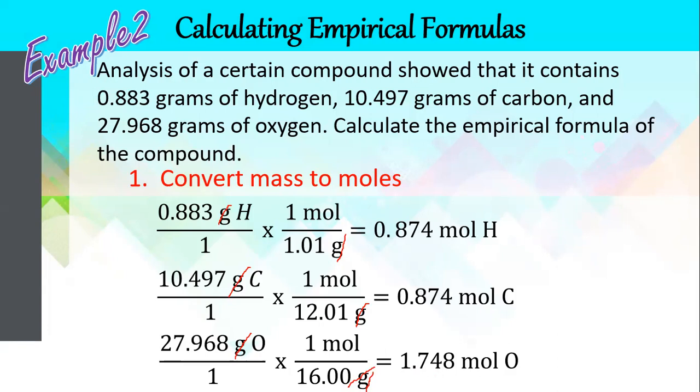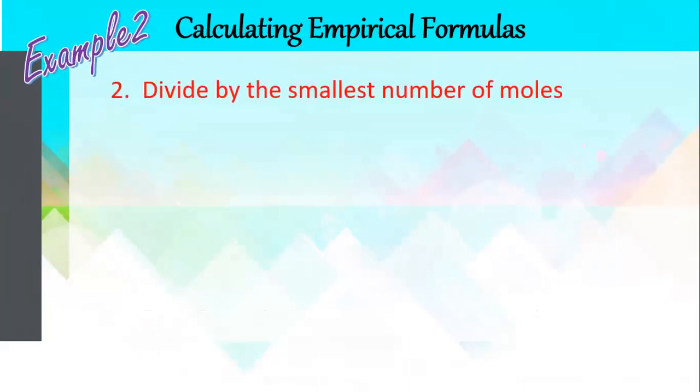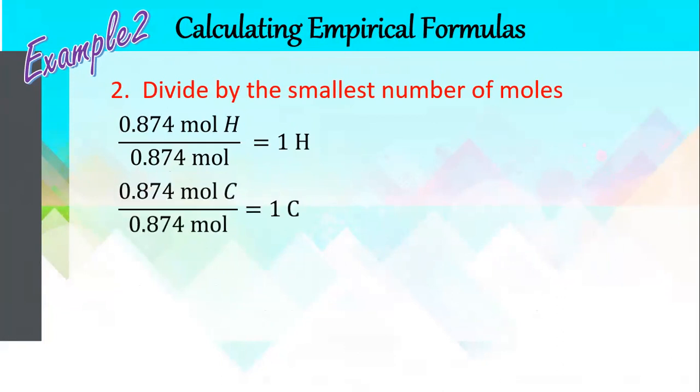Now take note of the smallest number of moles, and that is 0.874. We will use that for our next step, where you divide the moles of each atom by the smallest number of moles. For hydrogen, divided by 0.874, we have a ratio of 1 hydrogen, 1 carbon, and 2 oxygen.